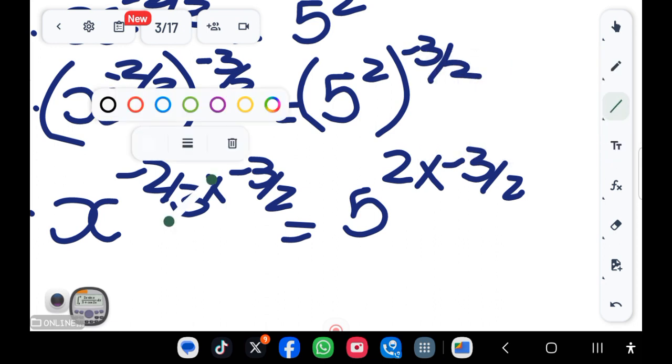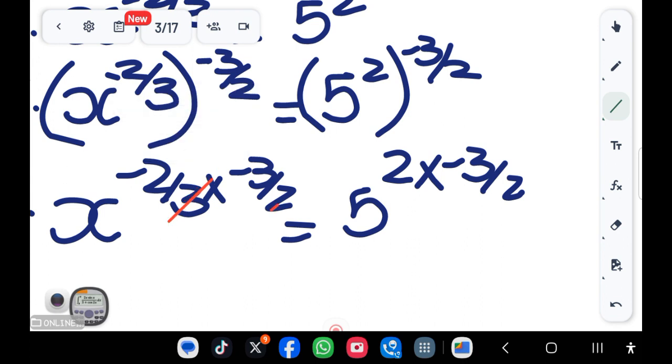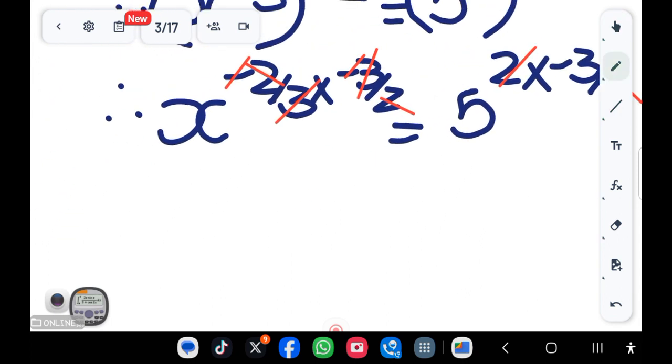The 3 cancels out with the negative 3, and the 2 and 2 cancel out. The negatives all multiply to positive. These 2's cancel out, and that leaves you with 5 to the power of negative 3. Therefore, x to the power of positive 1 equals 5 to the power of negative 3.